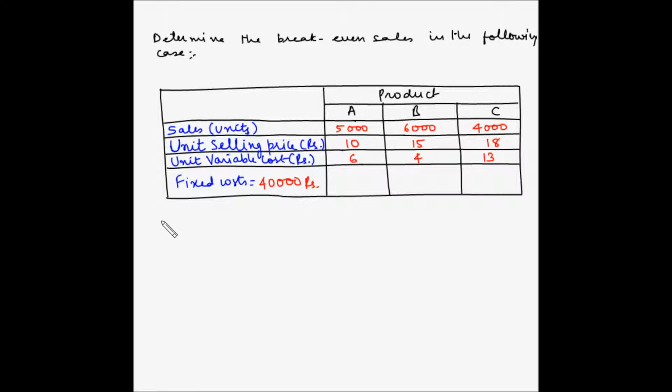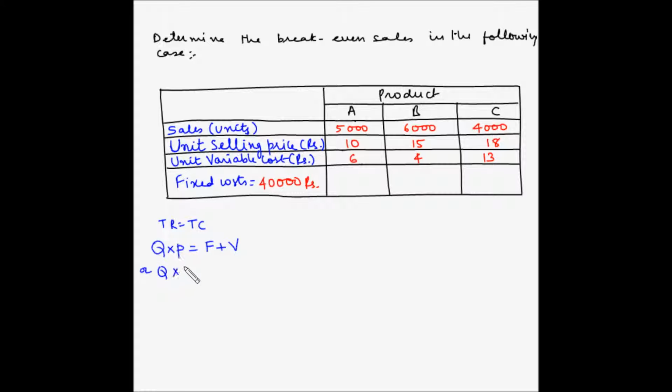Now, break-even point is the point where the total revenue is equal to the total cost. Now, total revenue is equal to the quantity sold multiplied by the unit selling price, and total cost is equal to the fixed cost plus the variable cost.